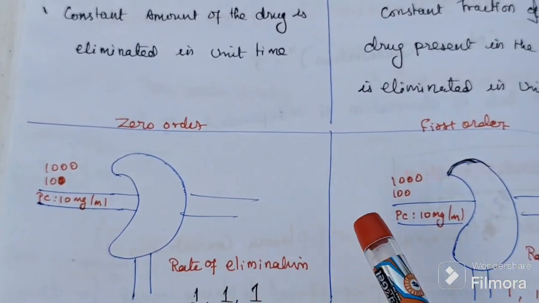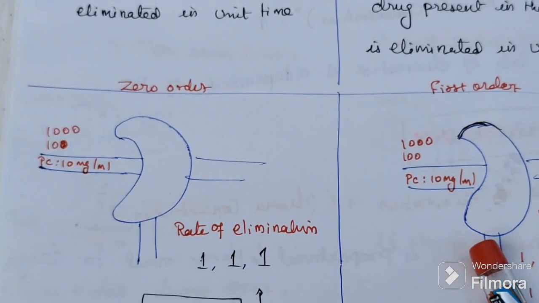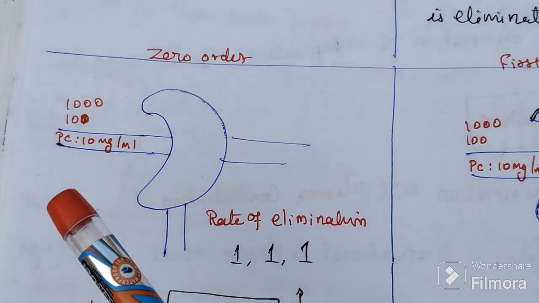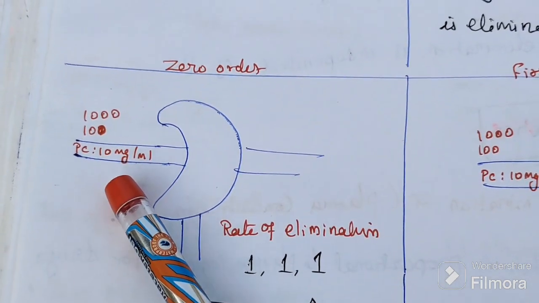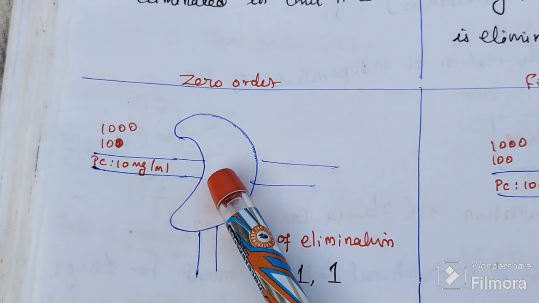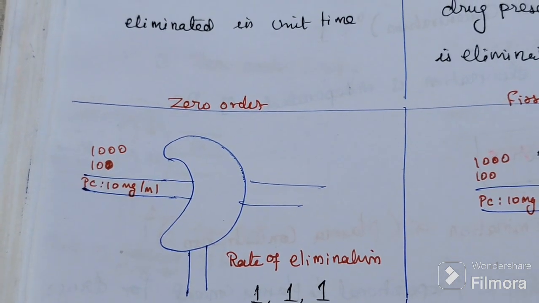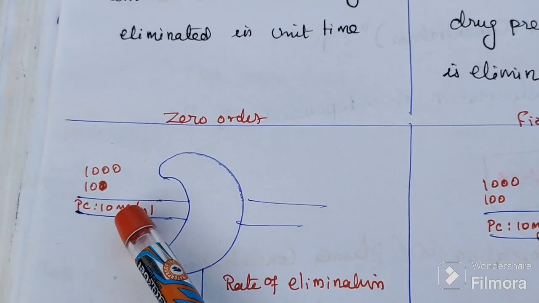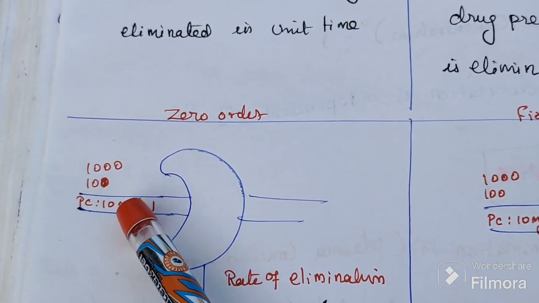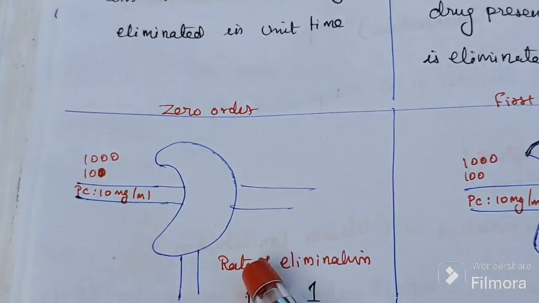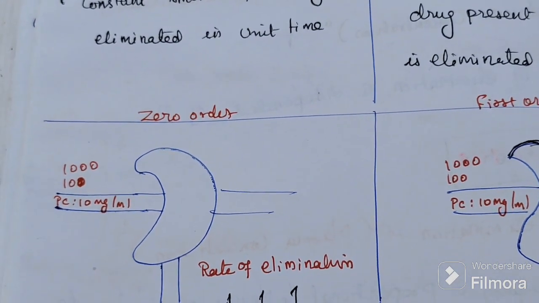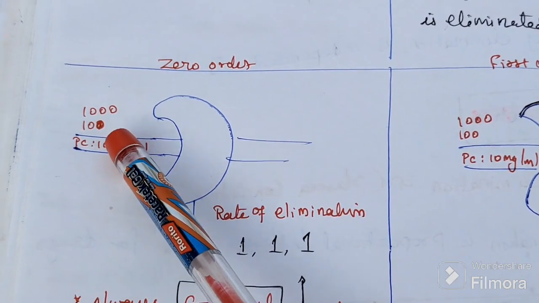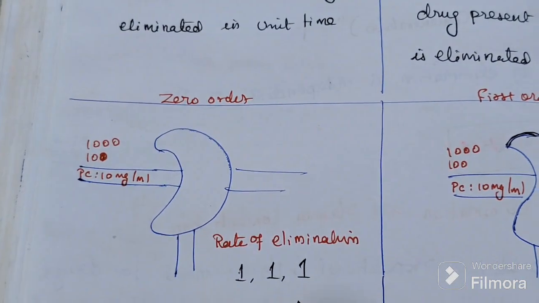This one is the zero order diagram, and this one is the first order diagram. See here, we have a plasma concentration of 10 mg per ml, so the rate of elimination is 1 mg per minute. Every time it is only 1 in that cycle. Here 10, also 100, also 1000, it is 1, 1, 1.